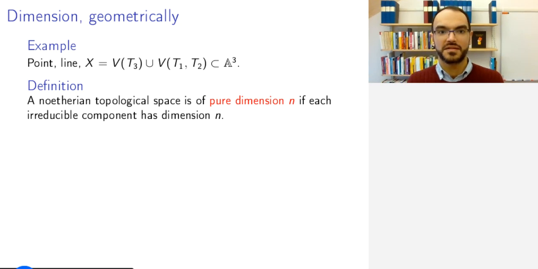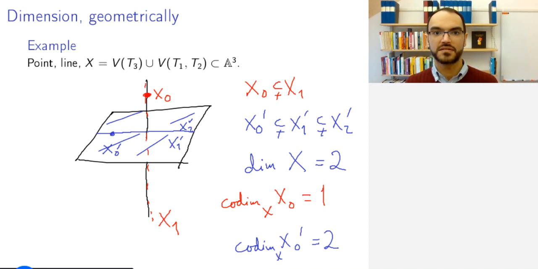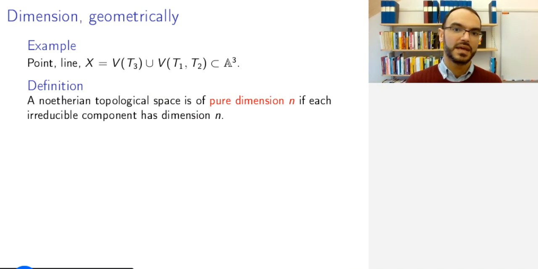So the problem here was that different irreducible components somehow had different dimensions. And so we call a Noetherian topological space a space of pure dimension n if each irreducible component has the same dimension n.